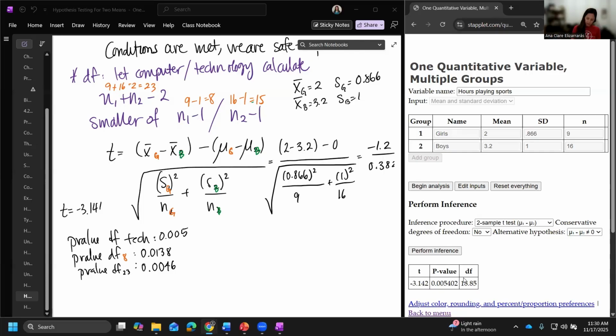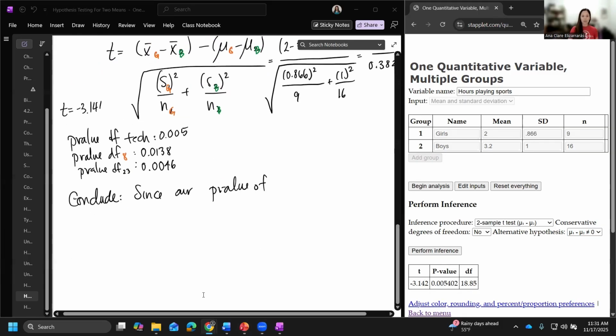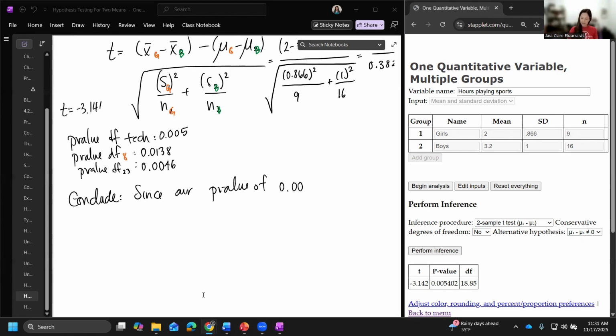So let's conclude. Since our p-value, let's use the actual one from the calculations not using conservative, so since our p-value of 0.005 is less than our alpha equals 0.05 level of significance, we reject the null.